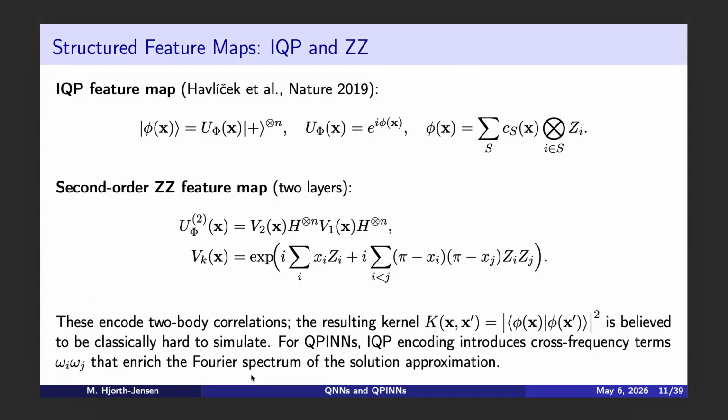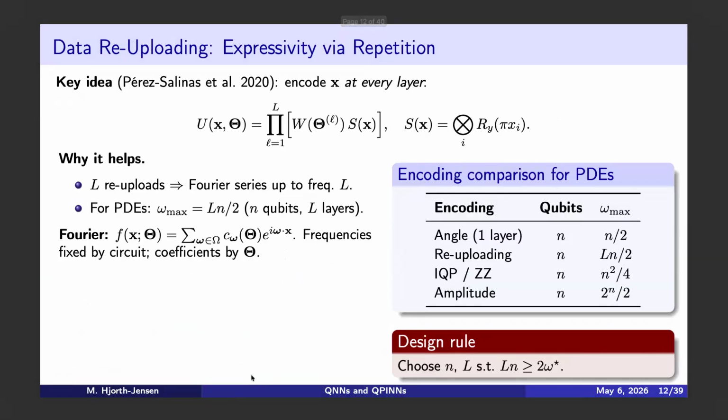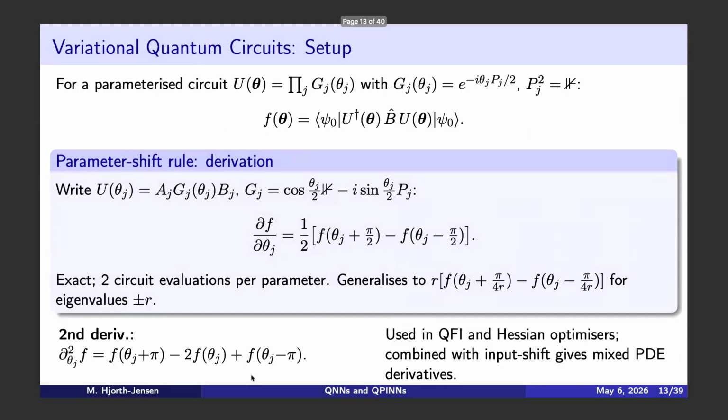I have not tested the structured feature map. And there are many other ways of doing this. And typically, what you would need to do is simply to run numerical experiments where you try different ways of encoding the input. So this is one big issue actually in the setup here.